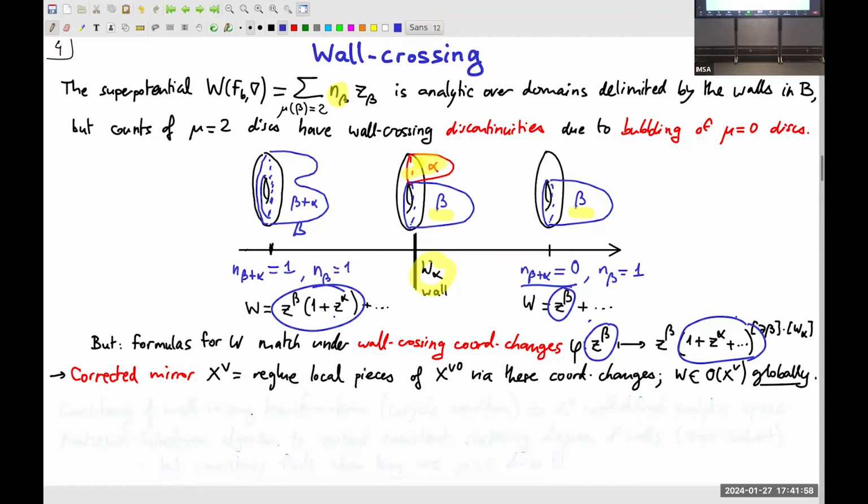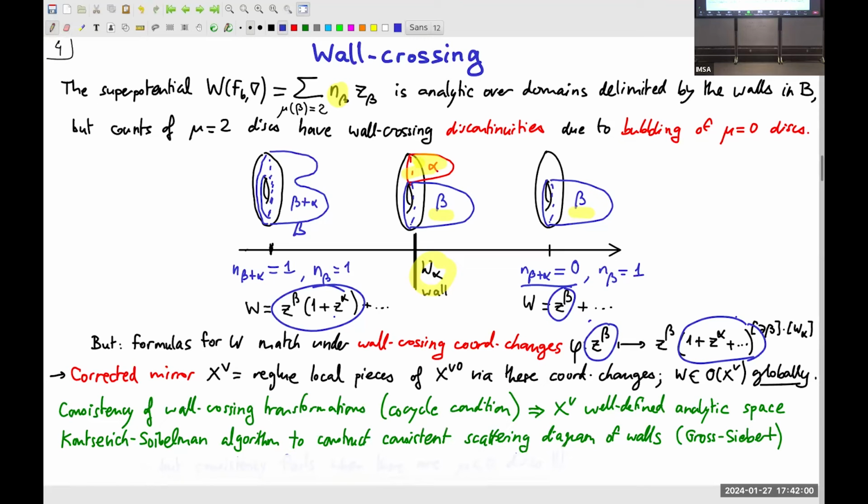So the good news for most people is that these wall crossing transformations are usually going to be consistent. What I mean by that is if you cross walls in different ways to go from point A to point B in the base, you will get the same coordinate transformations. And so that tells you that this process of regluing the pieces to build the mirror X-check is going to produce a valid analytic space.